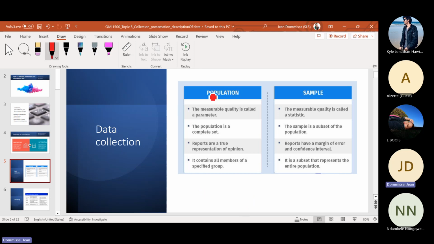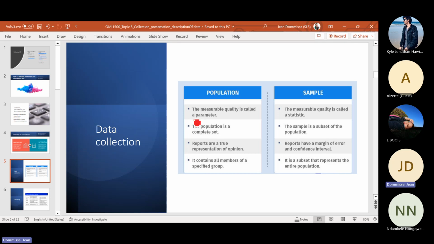So for population, the measurable quality is called the parameter. How I would normally look at it is population goes with parameter. The two P's go together, whereas a sample goes with a statistic.